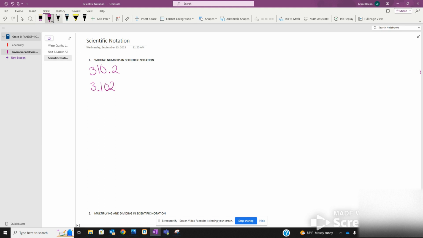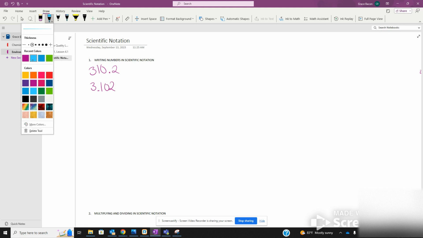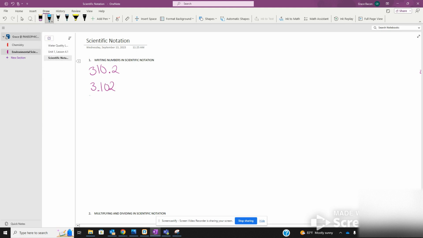I know that's what I want. That's always how I want my scientific notation numbers to look. I always want one digit in front of my decimal. So how many times do I have to multiply this value by 10 to make it look like this? I'm going to count how many times I have to multiply by 10 to get it to there. And I have to move it over 2 spaces, or I have to multiply it by 10 2 times.